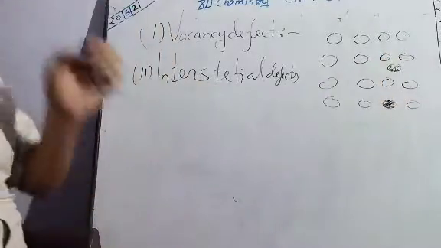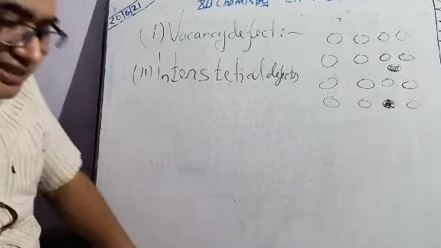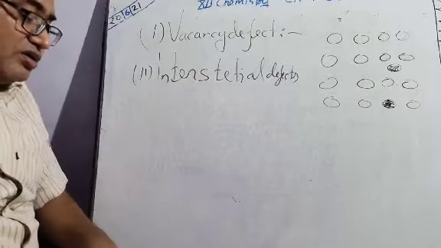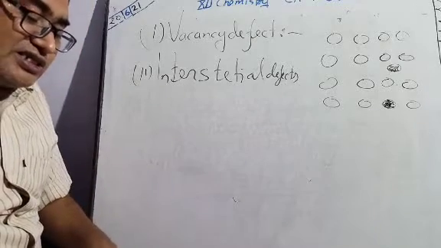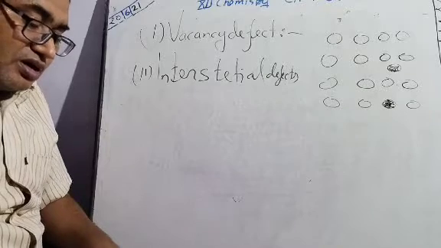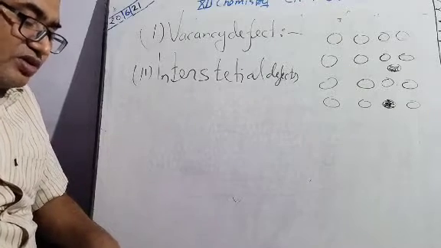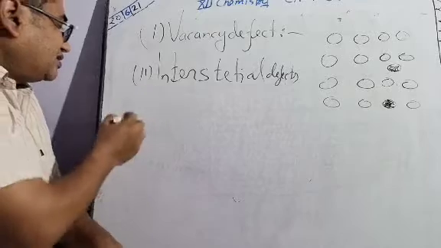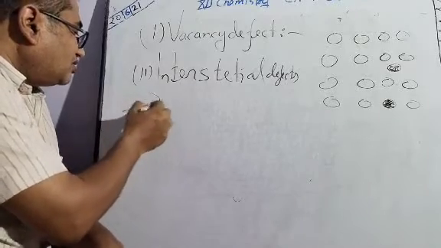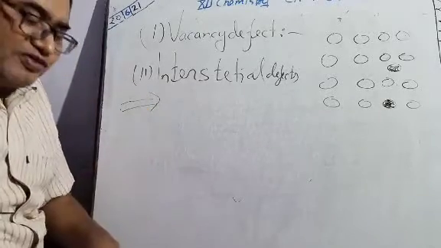This kind of defect is called an interstitial defect. Now we have to discuss the defects in ionic solids.